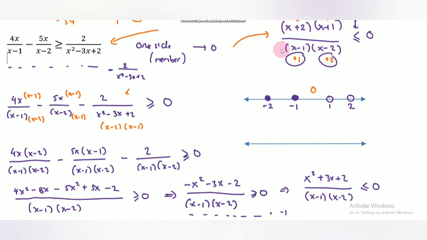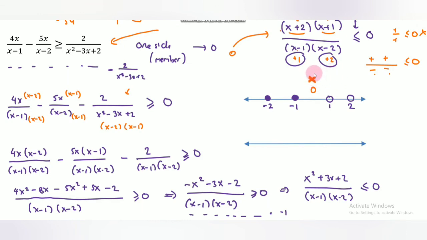If I put 0 into this inequality, I will have positive 2 multiplied by positive 1 over 0 minus 1 is negative, 0 minus 2 is negative. Negative times negative is positive, so it will be positive over positive. Is a positive less than or equal to 0? No. It doesn't satisfy the inequality.